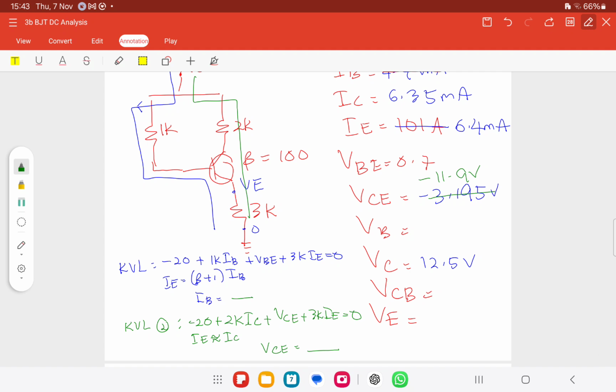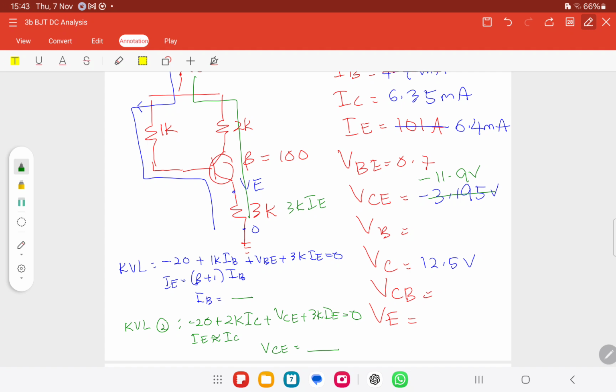Okey. Lagi yang lain? Hussein? Berapa? Saya nak VB, VCB and VE. VE paling simple. VE paling simple 3K darab dengan IE terus.